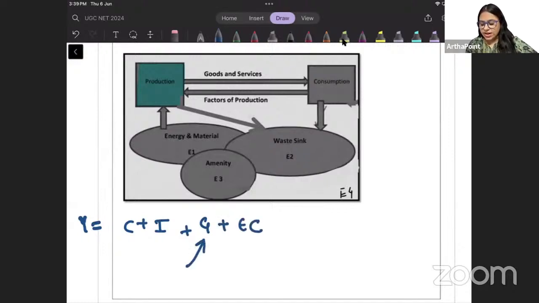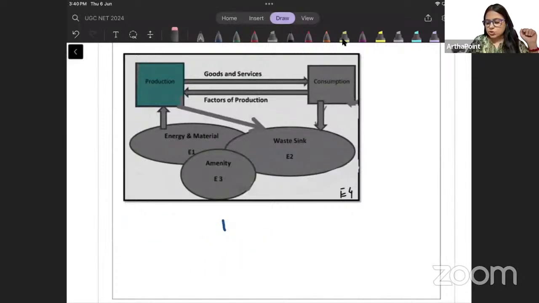So we used to add more sectors into the economy, right? But to begin with, we would always start with a two-sector economy. हम हमेशा दो sector economy से ही शुरू करते थे. So this is exactly what I have done. I have started with a two-sector economy. One, I have the producer. The other, I have the consumer. This is something we already know.